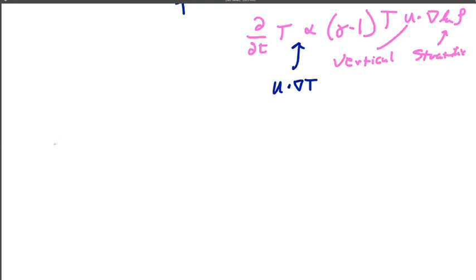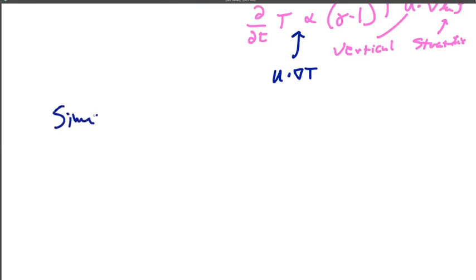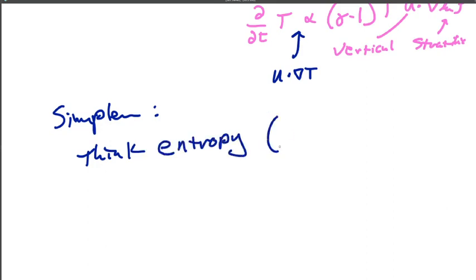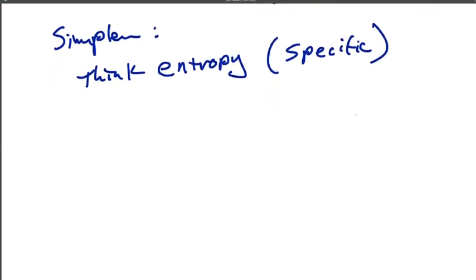So there's a new thermodynamic variable that vastly simplifies this. I'll call it simpler, but it's simpler in terms of convection. So we're going to think in terms of entropy, and in particular, specific entropy, the entropy per unit mass.